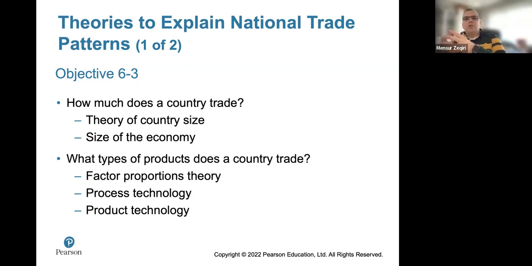So to the question, how much does a country trade? Free trade theories of specialization do not propose nor imply that only one country should or will produce a given product or service. There are some non-tradable goods, products and services that are seldom practical to export because of high transportation costs.